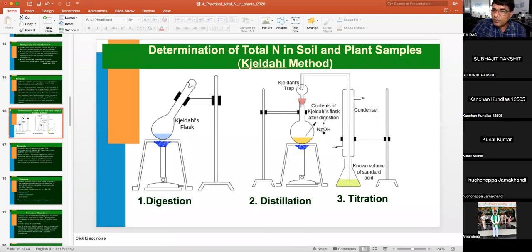Some water vapor will also be released, and the ammonia will be converted into ammonium hydroxide, which will fall into the 4% boric acid mixed indicator solution. The mixed indicator is made from bromocresol green and methyl red. Then you take out these contents and titrate against 0.1 normal sulfuric acid. Is it clear?